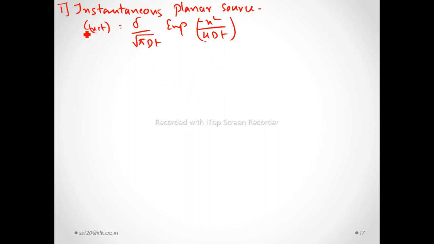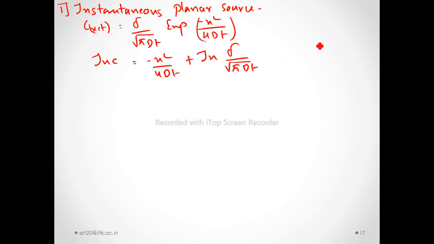By taking ln on both sides, ln C equal to minus x square divided by 4Dt plus ln of delta root pi Dt.